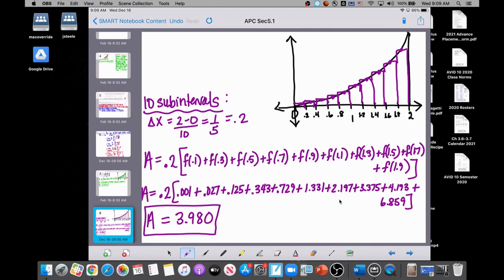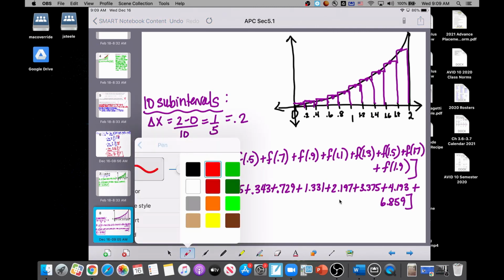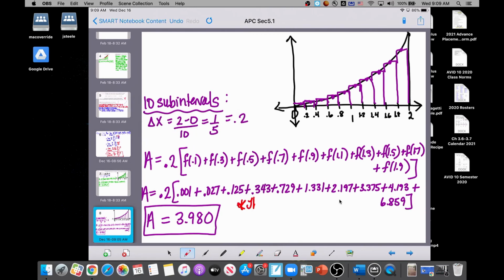Now, an interesting thing to note is that the actual area here is 4. So the more subintervals we use, the closer we get to the actual area. Okay, so you might want to make a little note. The actual area under the curve y equals x cubed from 0 to 2 is 4 units squared.